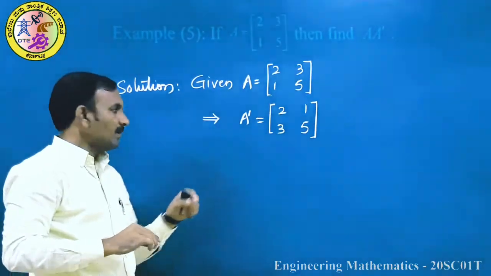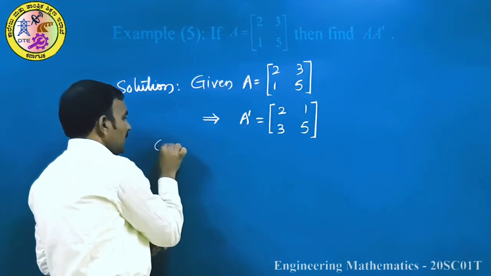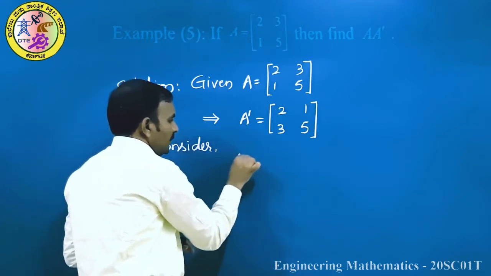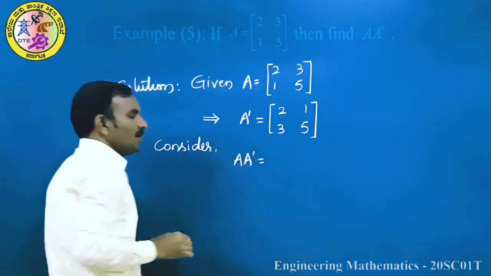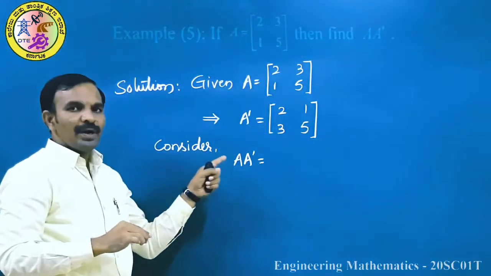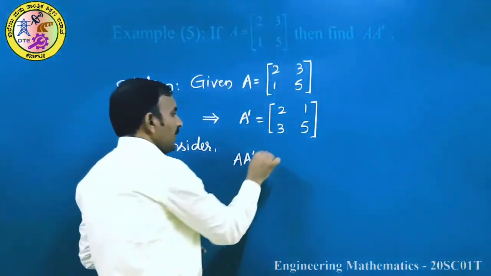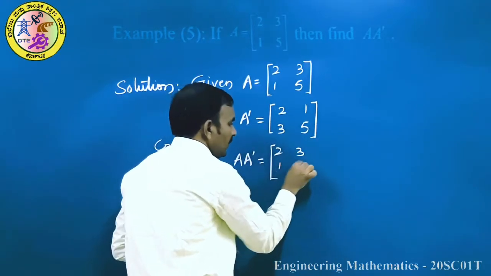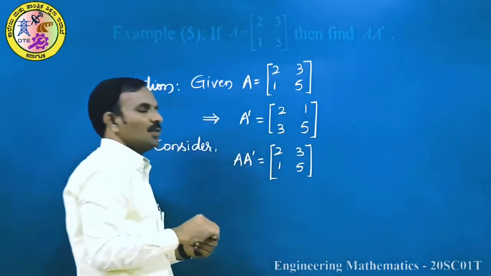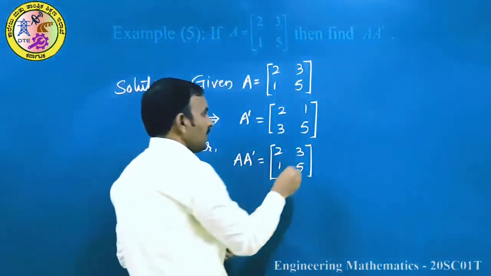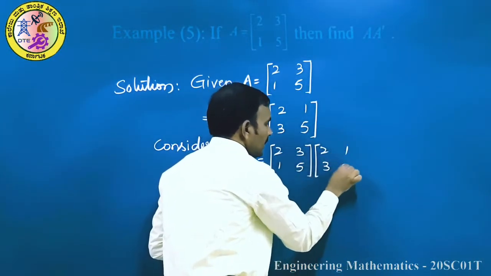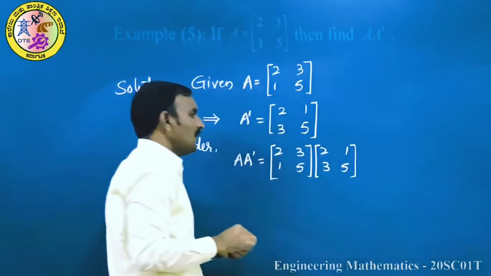Now consider A into A dash. Write the A value and A dash value. A is [2 3; 1 5], A dash is [2 1; 3 5].